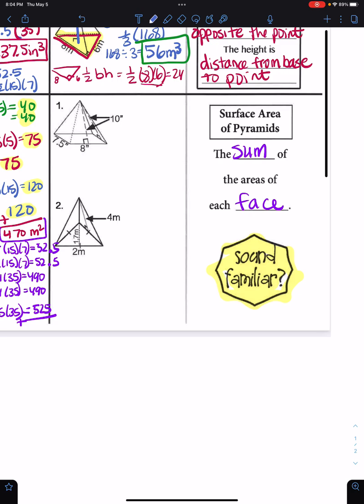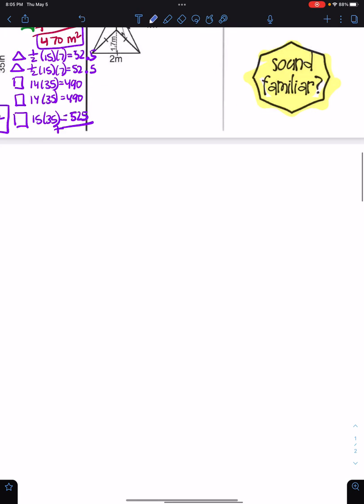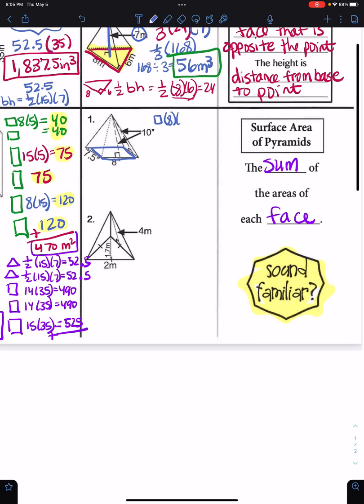This one has a rectangular face down here, the base, right? So that one's going to be 8 times 7.5. And then I have 4 triangles.